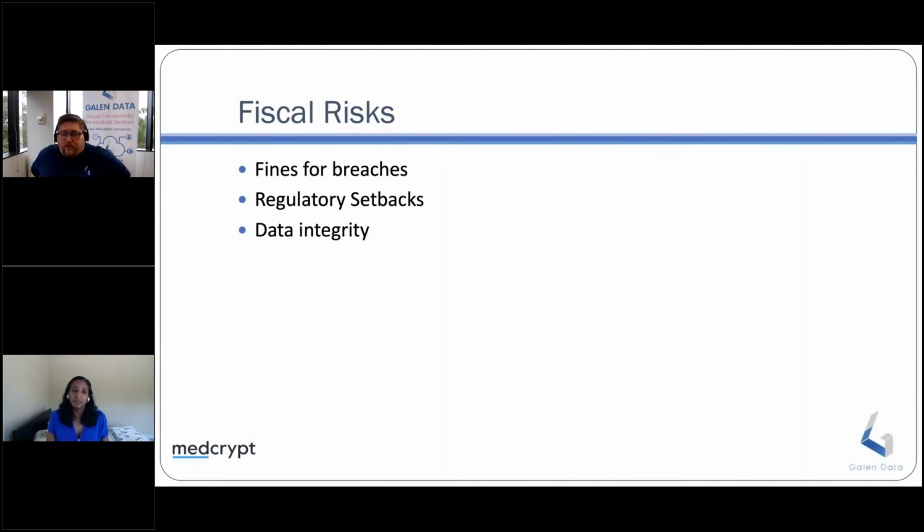Yeah. And I think everybody understands the whole thing around breaches. That's pretty self-explanatory, and we've been dealing with that for a fairly long amount of time. But the regulatory setbacks is something that I'm not sure everybody really appreciates, how extensive the FDA is getting on these questions.